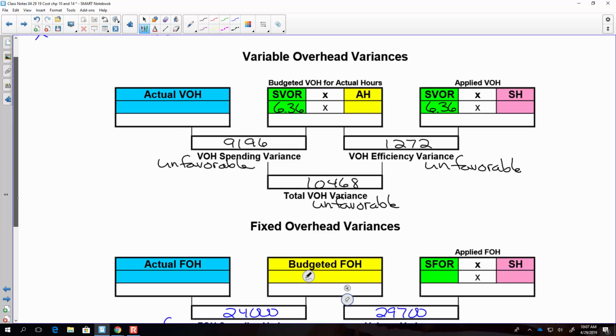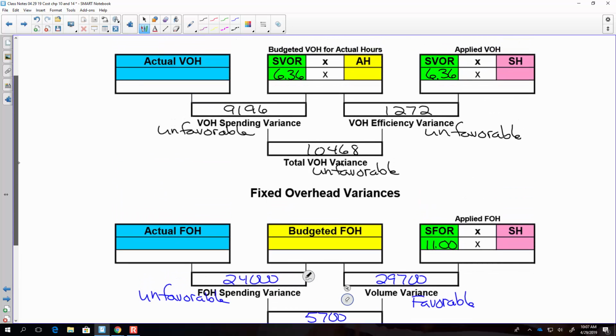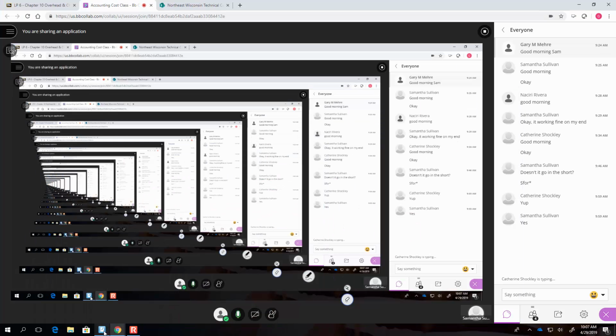And the 11 goes to the fixed overhead rate. 6, fixed overhead rate here. Catherine, what is the standard hours allowed? What's the SH?